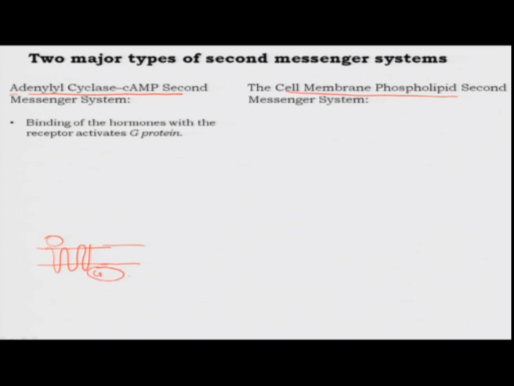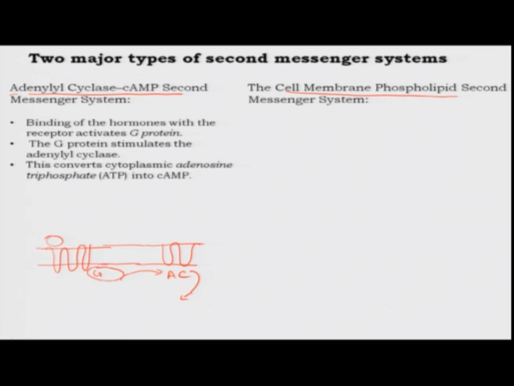This G protein will then activate another membrane bound enzyme, which is known as adenylyl cyclase. This adenylyl cyclase will catalyze the formation of a molecule called cyclic AMP. So, ATP, which you are all familiar with, is converted to cyclic AMP by this adenylyl cyclase enzyme.